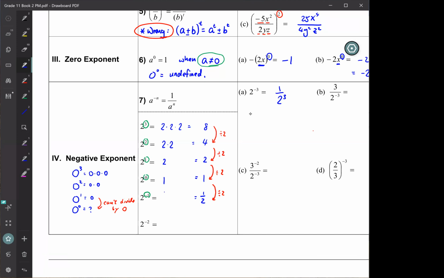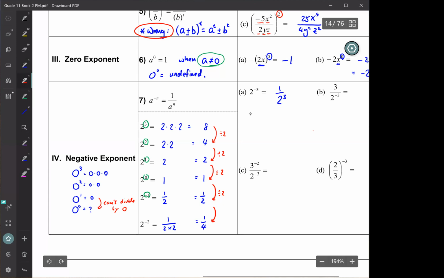If you divide by 2 again, then that will be 1 over 4, which means you get 2 extra 2's, 2 2's in the denominator.